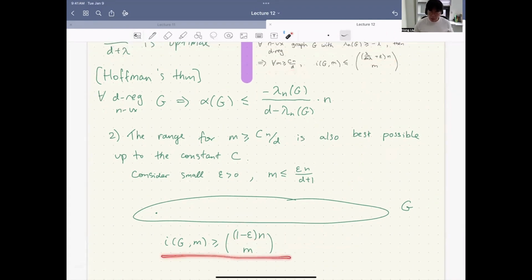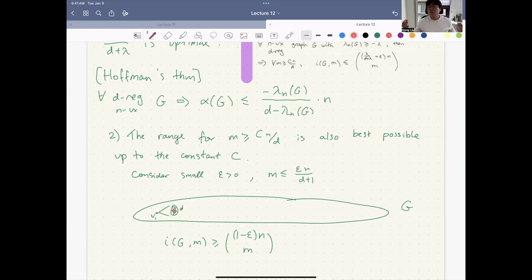And why is this correct? This is because we can just greedily pick things, and we can always do that. If you pick a vertex v1, and then you remove its neighbors, which is of size d, okay?